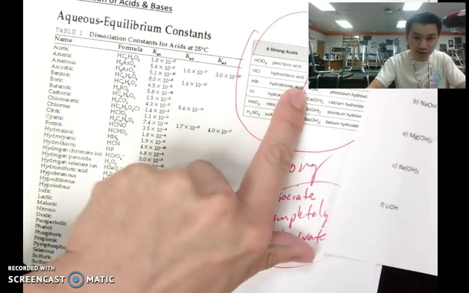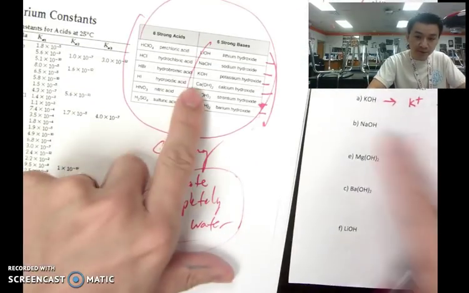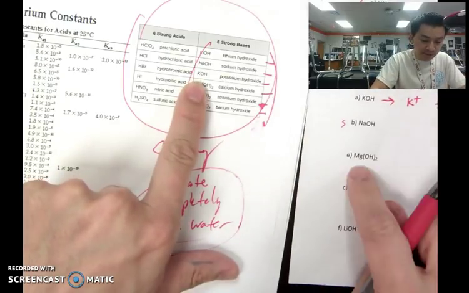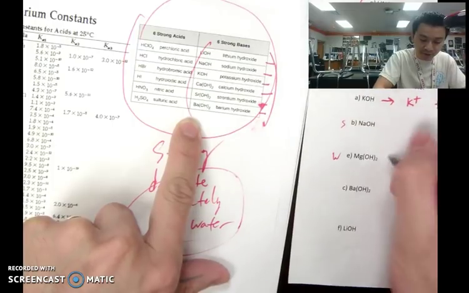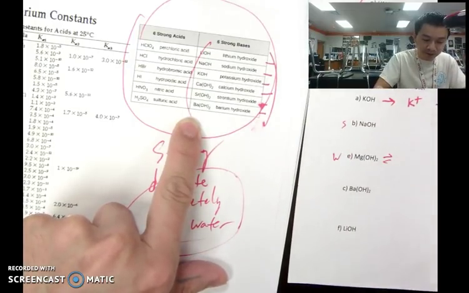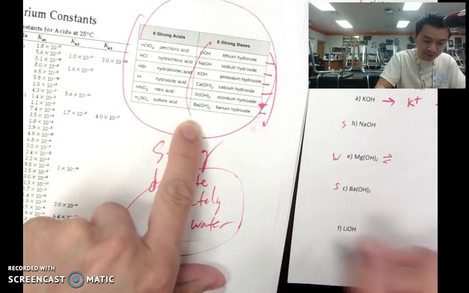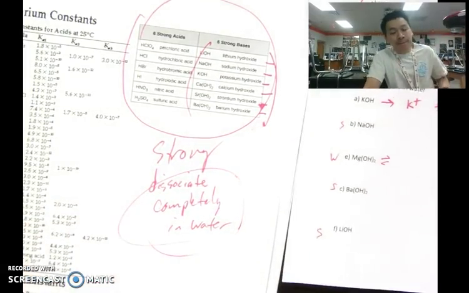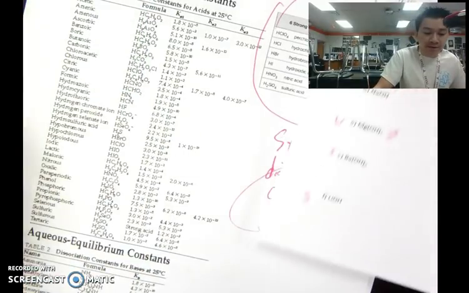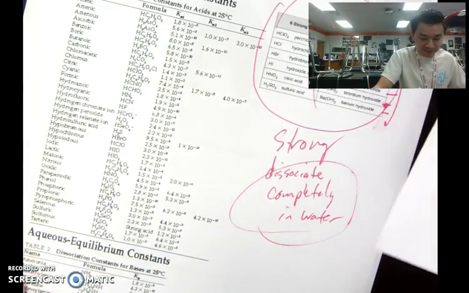NaOH strong. NaOH strong as well. Mg(OH)2, this is weak, so you have the double arrow. Ba(OH)2 strong. LiOH strong. So you only have 1 weak there, so you have that double arrow on that one. Okay, so that's how acids and bases split up.